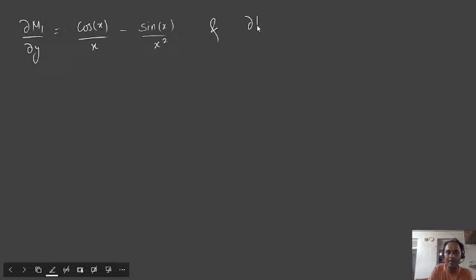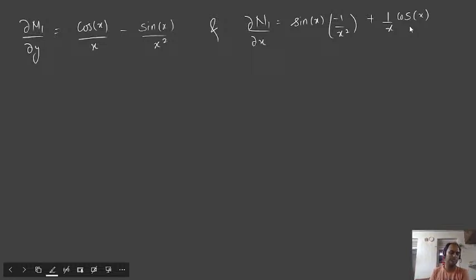For ∂N1/∂x, when we try to do this, it will give us sin x times minus 1 upon x square plus 1 upon x into the derivative of sin x, which is cos x.